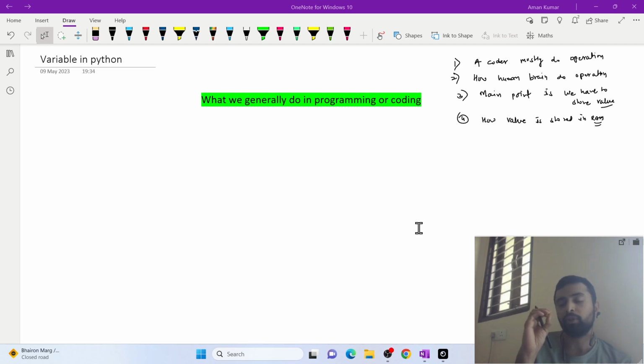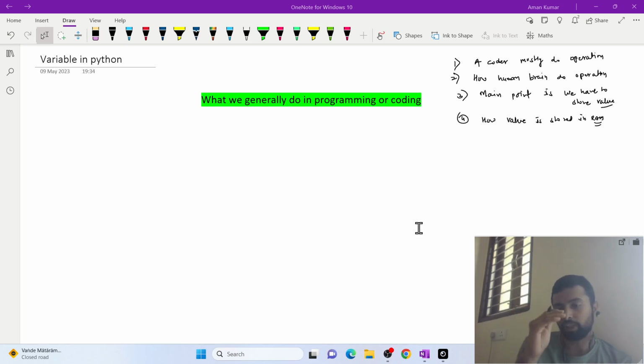Because this is the building block of any computer language, understanding this concept is really good for any learner who wants to upskill in programming.